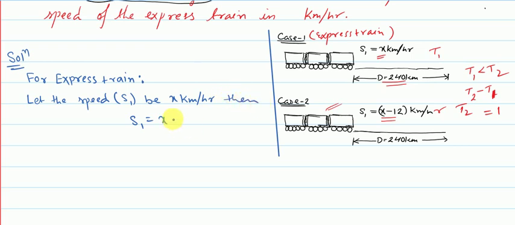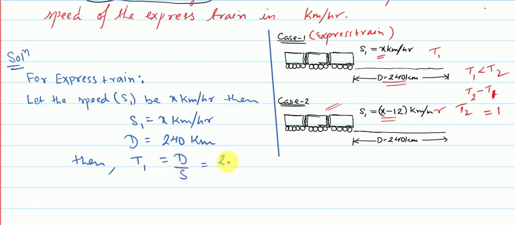Then s1 equals x kilometer per hour, and distance is 240 kilometers. Then t1 will be d upon s, that will be 240 upon x hour. Because kilometer and kilometer cancel, you are left with hours.